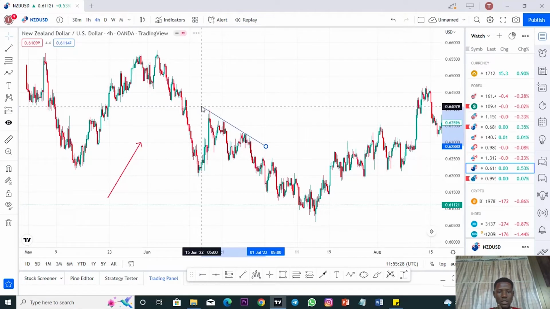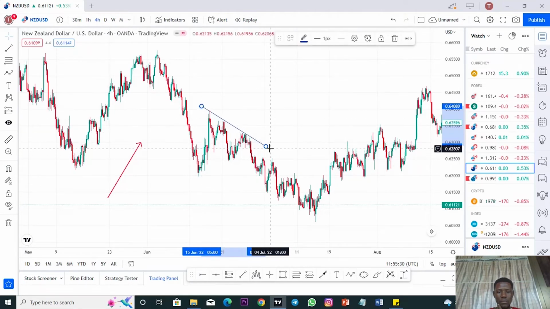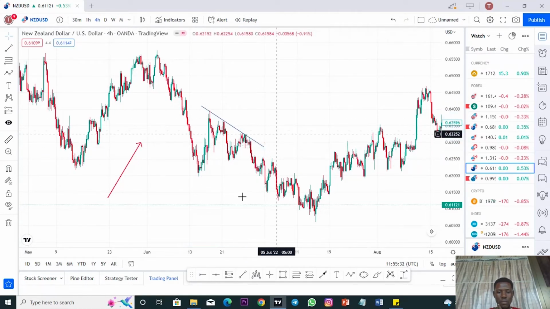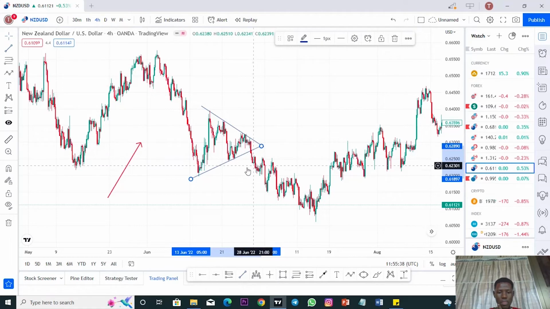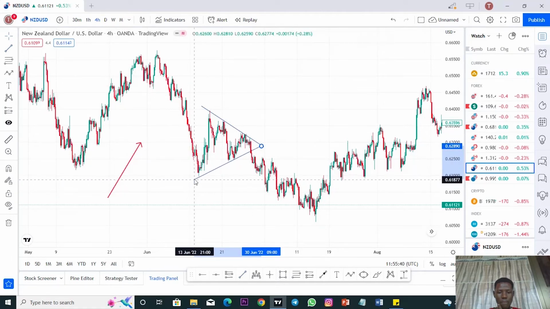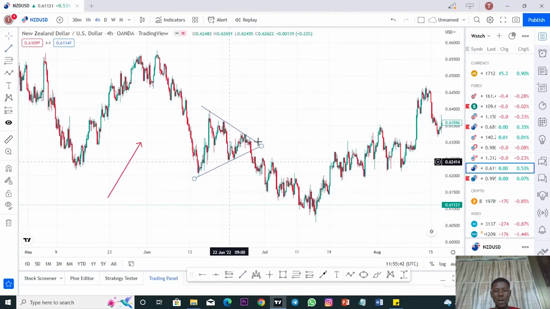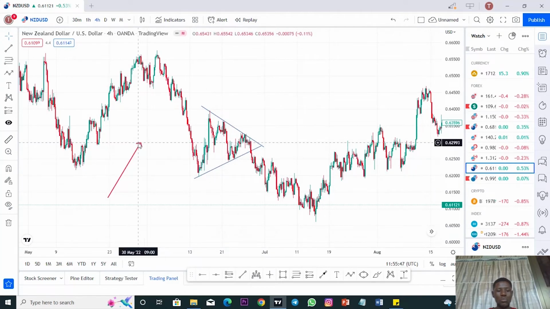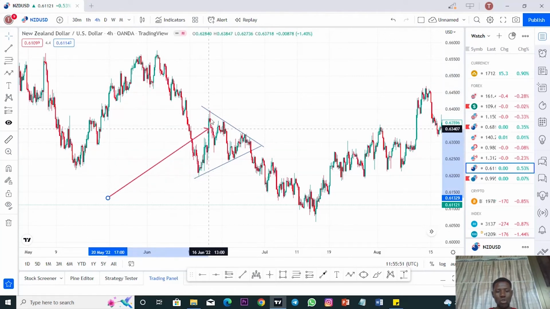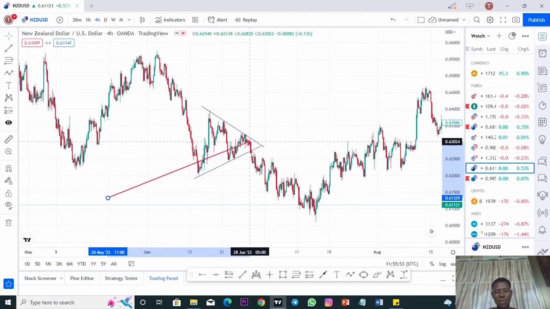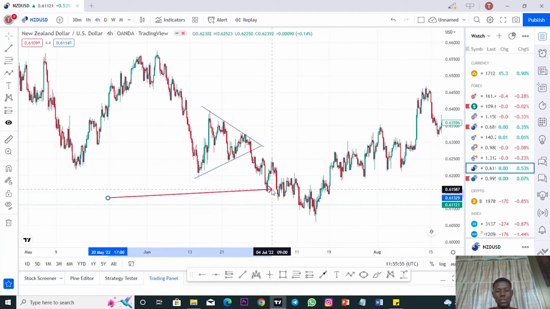Let's adjust it very well. When price was pushing from this higher high, price started to consolidate at this point before a spike push to the downside.